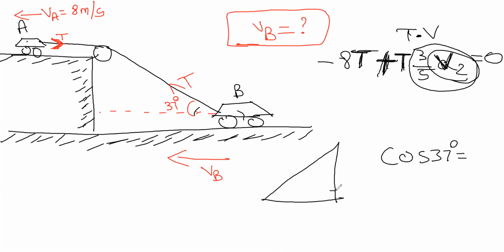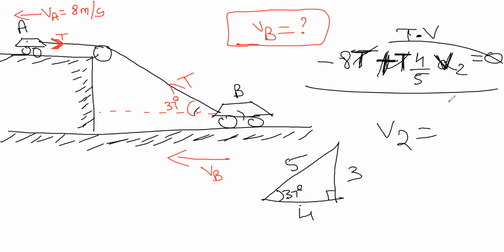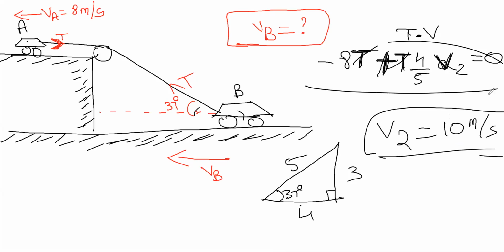This is the triangle with 37 degrees. Opposite to 37 is the lesser value, so this is 4, this is 5, and it is 4 by 5. If you solve this, how much do you get for V2? 10 meters per second. That's it.